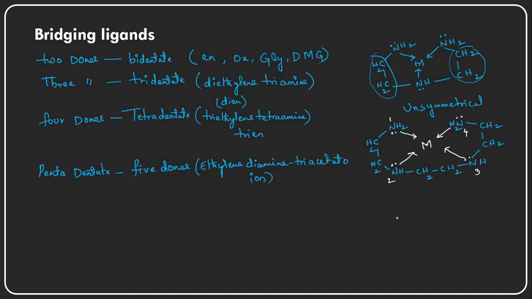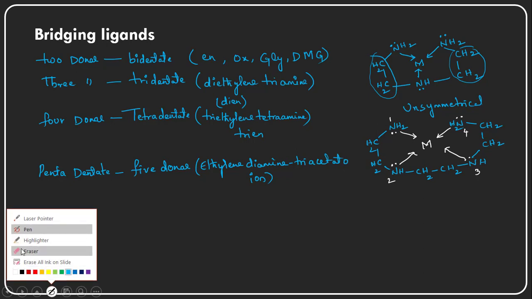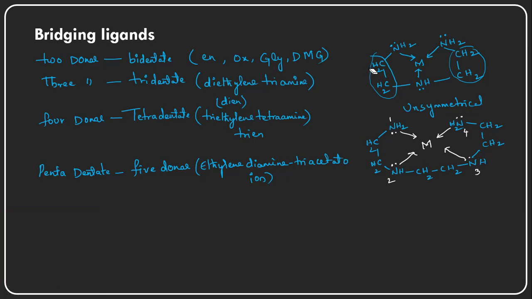Ethylene means CH2CH2. Diamine means NH, right? Two nitrogen atoms will be there and three acetato ions will be present. Acetate group is nothing but CH2COO minus, right? So before that I want to rub out these structures.